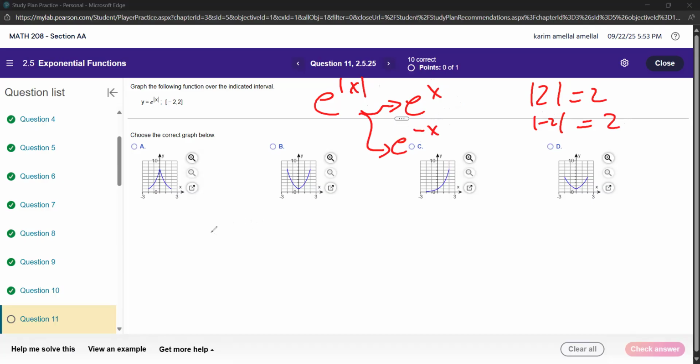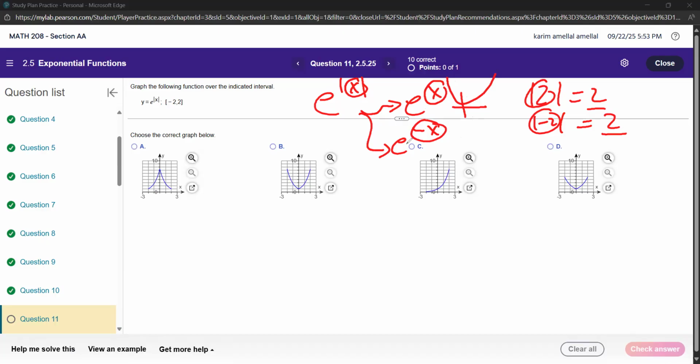Why? Because if we have 2 or negative 2 as an input for the absolute value, the answer will be 2. So absolute x can be x or negative x, and both become x only. So e power absolute x will become like that, and e power negative x will become like that.